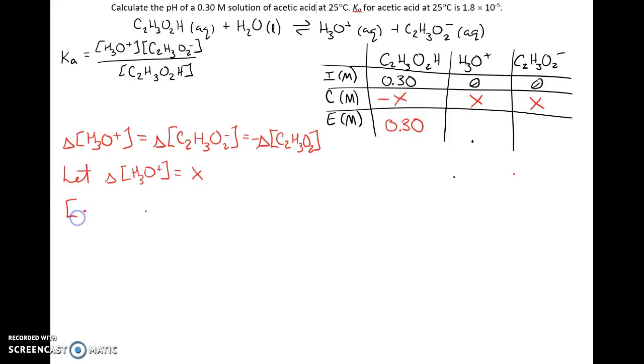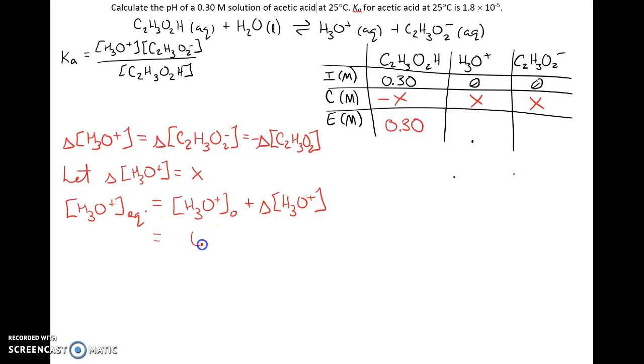Remember that the concentration of anything, let's do it with H3O+, at equilibrium is equal to the original or initial concentration plus the change in concentration.